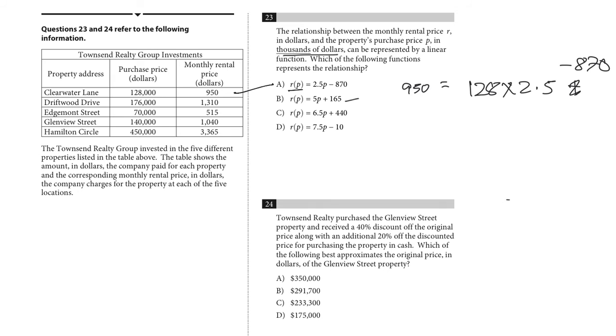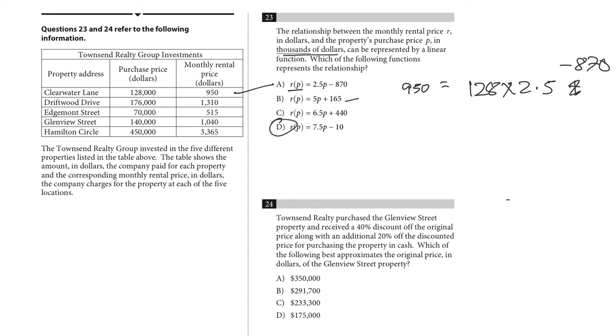That's 805. That's not true. No. Okay, the next one, 6.5 into 128 plus 440. That's too much. That's not correct. So 7.5 into 128, the D option, that's 960. 960 minus 10 is 950.